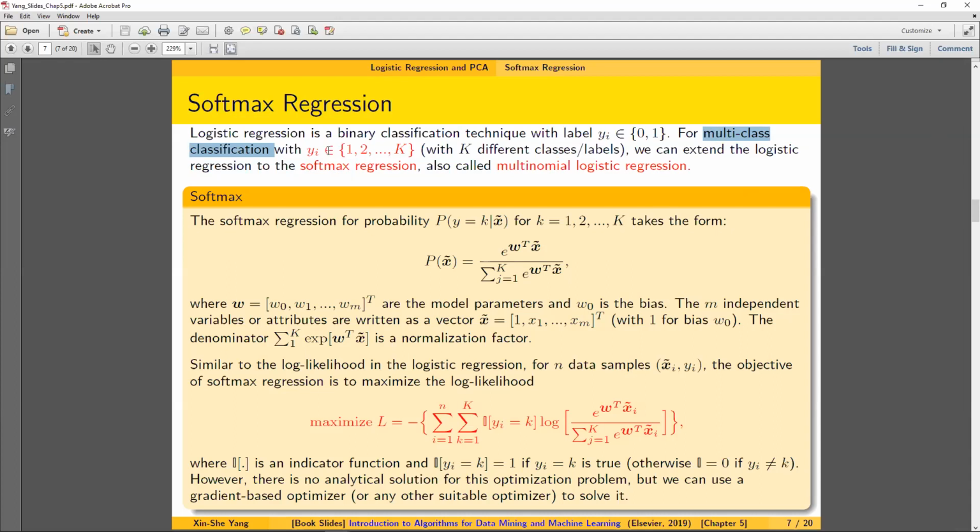In other words, it can belong to any certain category. We can use an example such as predicting the type of person, whether he's a high schooler, middle schooler, elementary schooler, or college student. If the dependent variable is in this form, then it becomes multiple classes or multiple labels for your dependent variable.